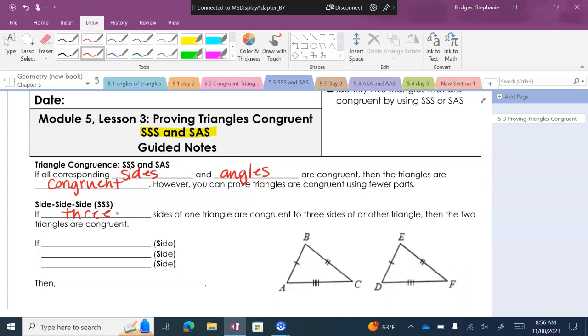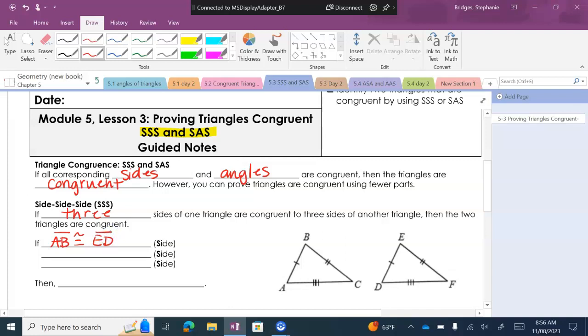So if you'll look at our picture, we have sides marked congruent, do we not? Okay, let's start with the one marking. Give me the segment on the left that's marked with one congruence mark. AB, okay. And that is going to be congruent to what's the side in the other triangle with that same marking?